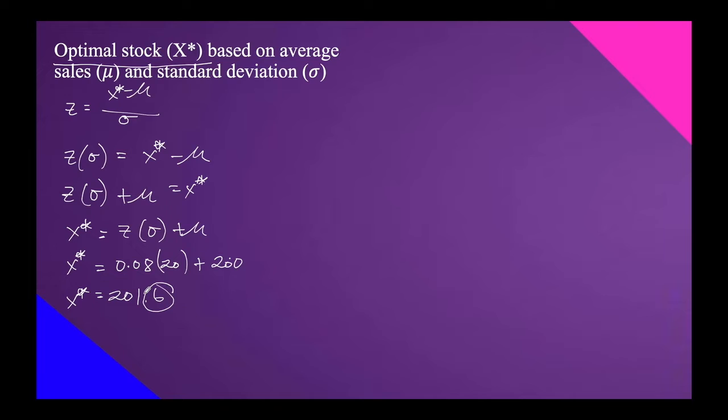Pero sa production perspective, iangat na natin ito. No? So, magiging x bar equals 202 dozens. So, ito po ang ating magiging optimal stock, no? Or ito yung optimal na number of dozens of donuts na kailangan natin i-produce per day.